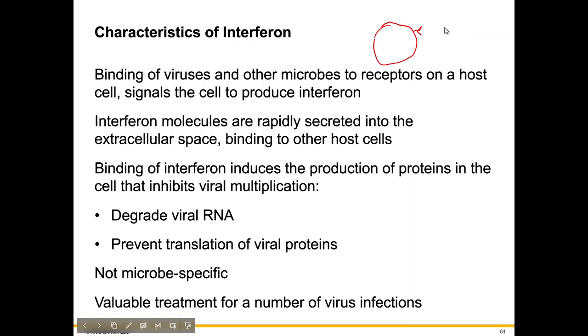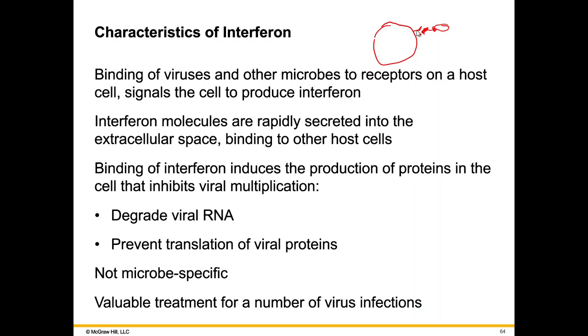If we have some kind of microbe in the environment that has a receptor site on it that interacts with this receptor, okay, sorry, my arrow looks horrible, I apologize, but again, we have this receptor site on our cell.